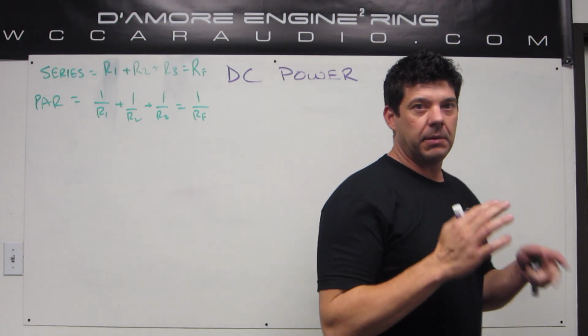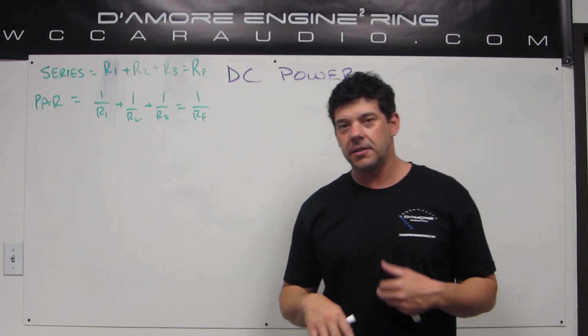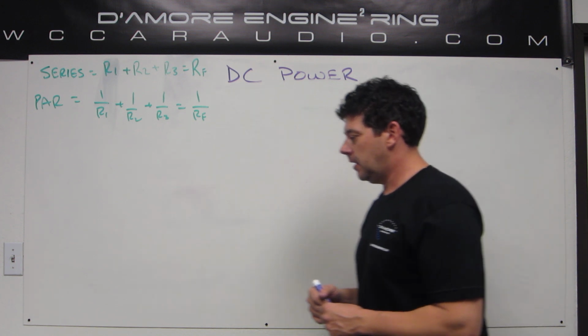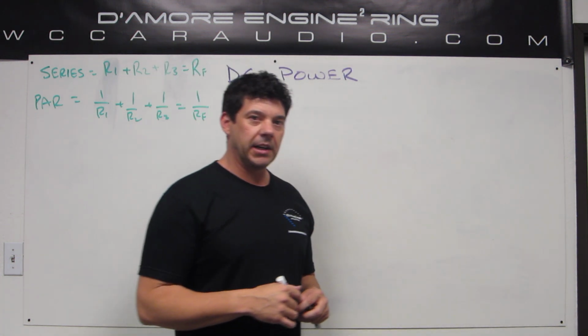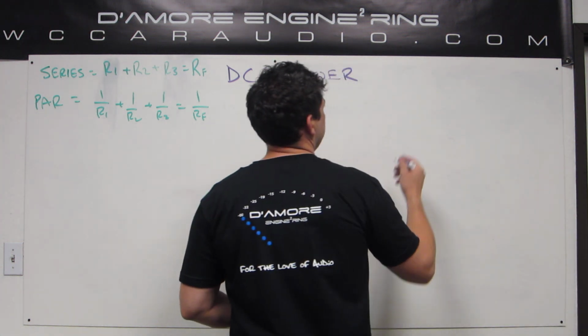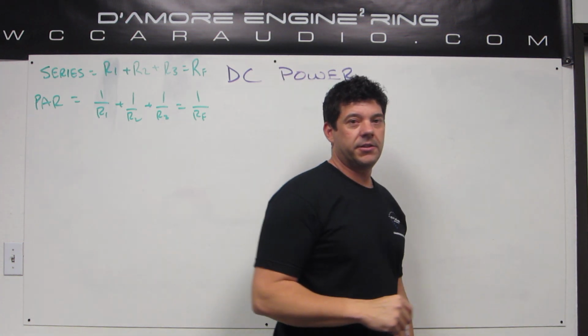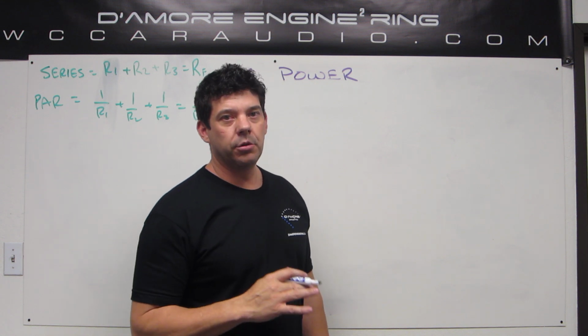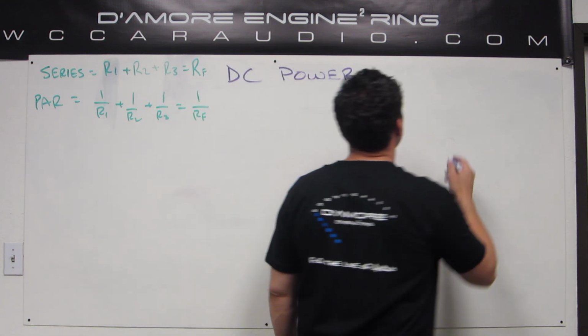I know we're not talking about AC yet, so I hesitate to talk about subwoofers and speaker loads, but we'll just talk about them as resistors right now. Let's just pretend that our subwoofers are resistors. So let's see if we can get a single 2 ohm load out of 4 dual 4 ohm subwoofers.